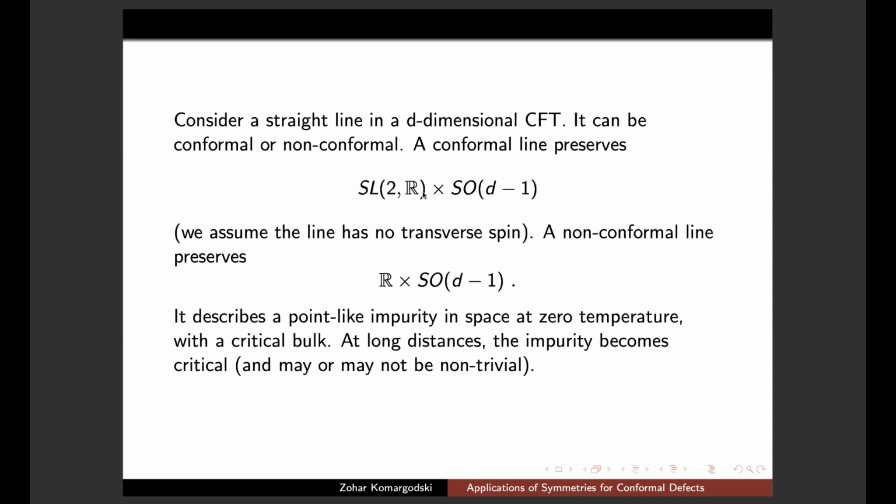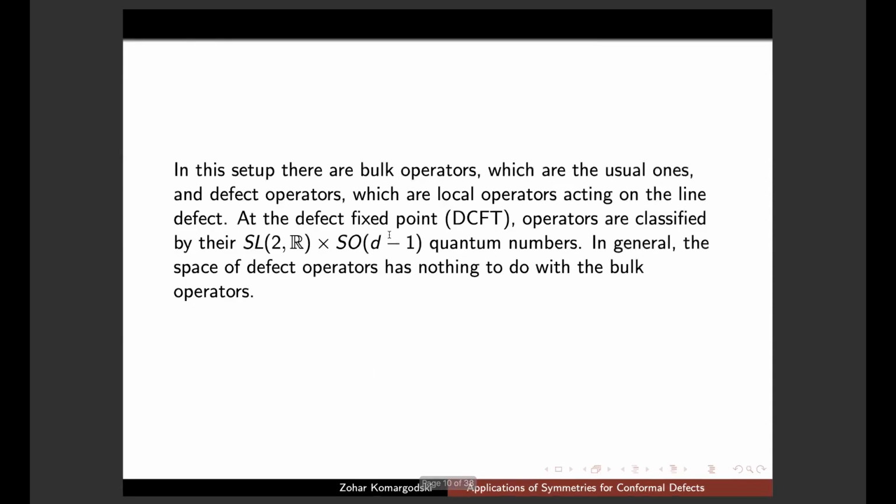And the central question about defects in conformal field theory is to understand which ones are transparent. Sometimes instead of the word transparent, we say screened. Which ones are topological, which ones are conformal, and how many conformal line operators are there in the first place. Okay, so the SL2R symmetry is essentially used to classify operators.